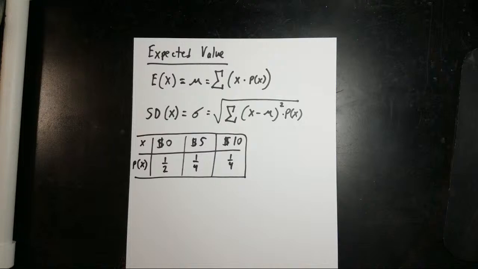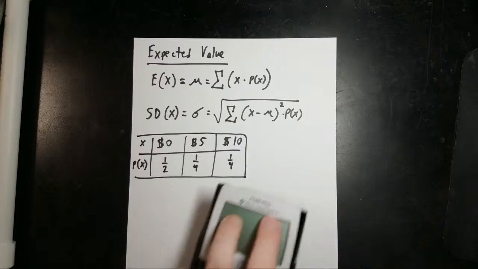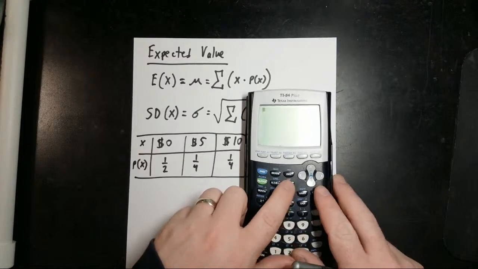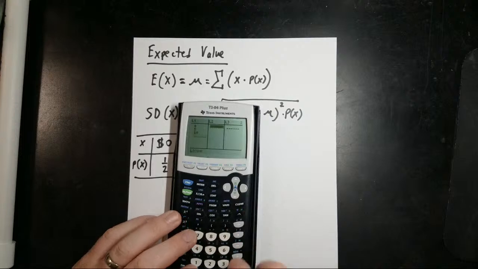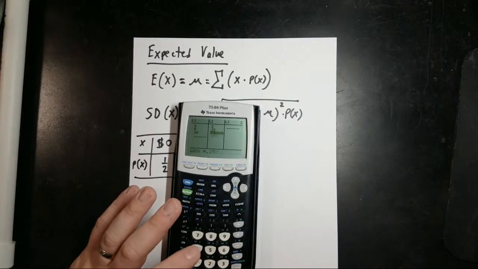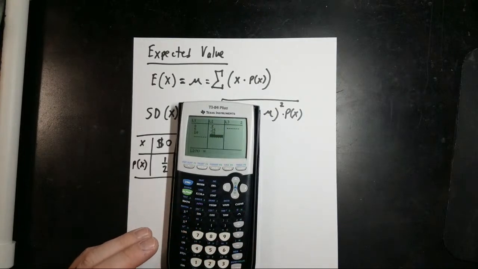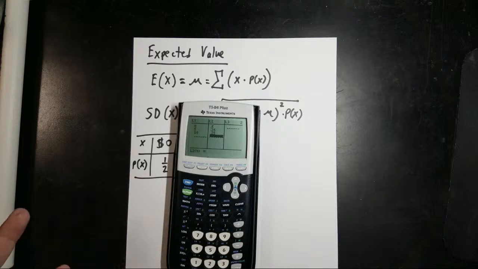For the most part, they're fine with you calculating expected value by hand. They usually don't have you calculate standard deviation by hand. But if you just wanted to go straight to the graphing calculator, you could do it in the following fashion. In the first column, notice that I put in the values, the resulting values of the events.